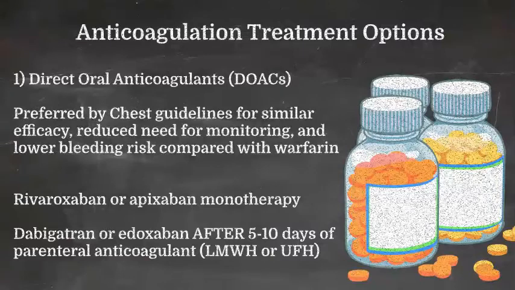that you continue for however long you need to be treated. The dabigatran and edoxaban are slightly different for that matter. If you want to start these two medications, you have to give the patient at least 5 to 10 days of a parenteral anticoagulant. So that could be a low molecular weight heparin or IV unfractionated heparin.